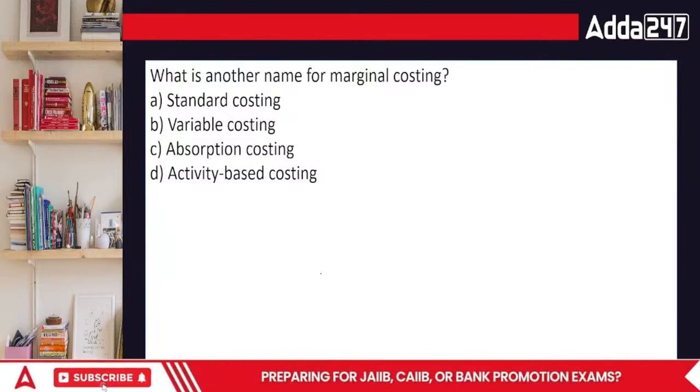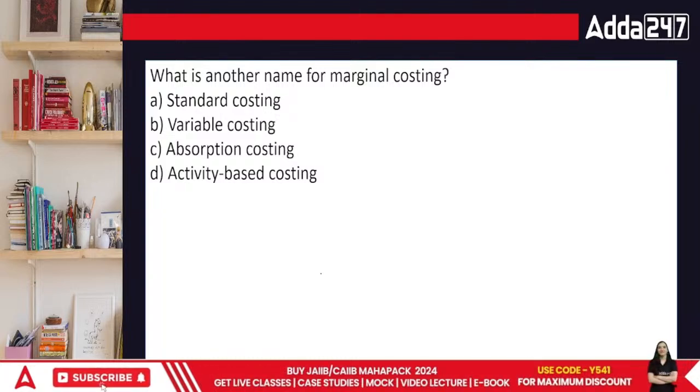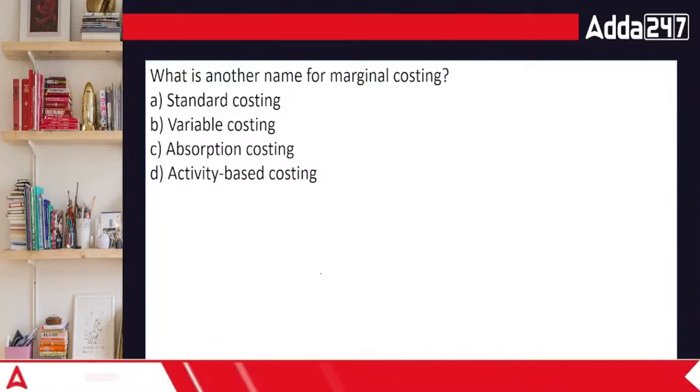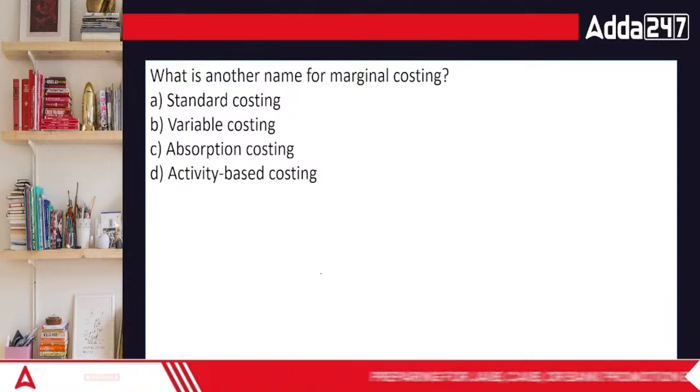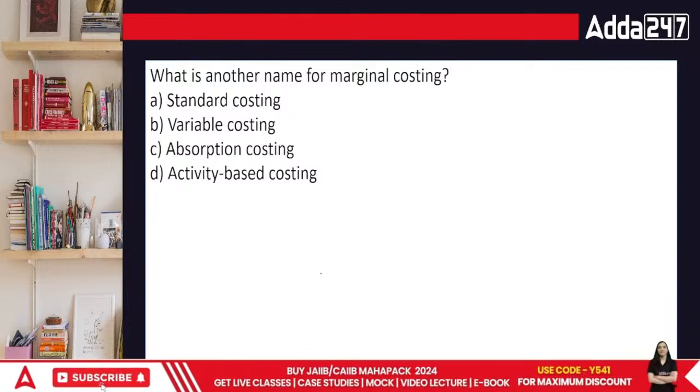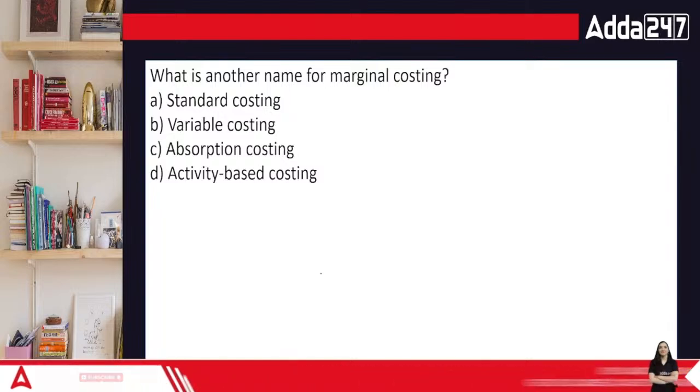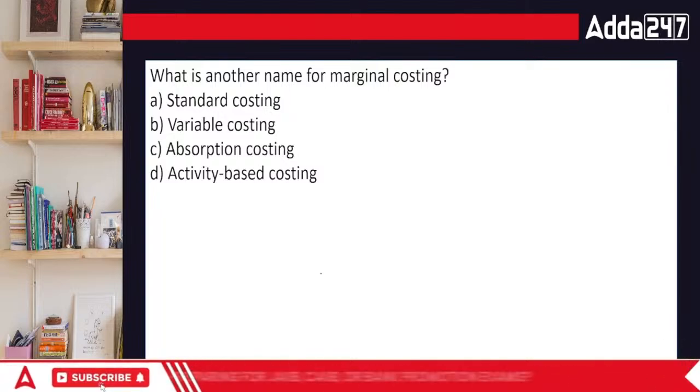Next point. What is the other name of marginal costing? We just talked about it in the beginning, everyone. Standard, variable, absorption, activity-based costing. Activity-based costing is a very different area altogether, isn't it?